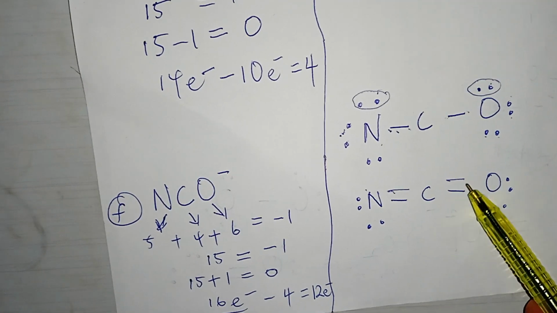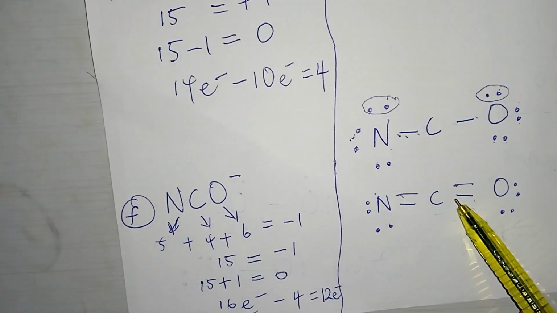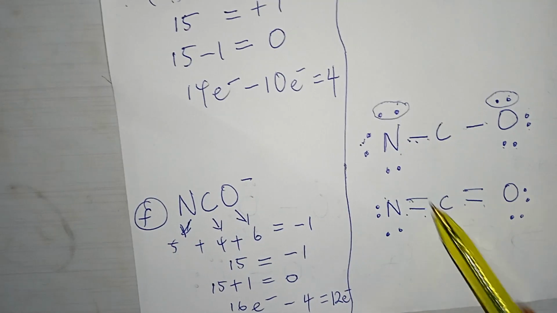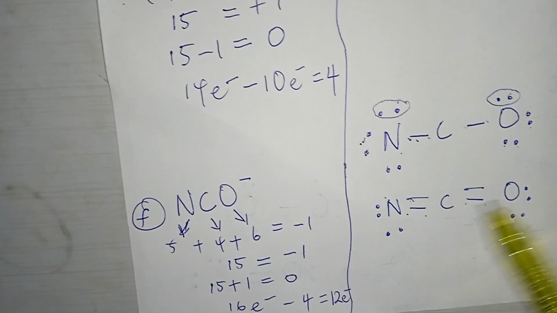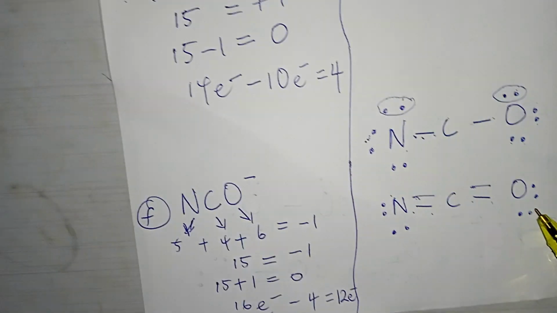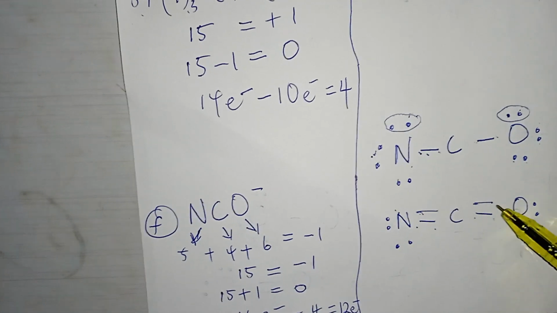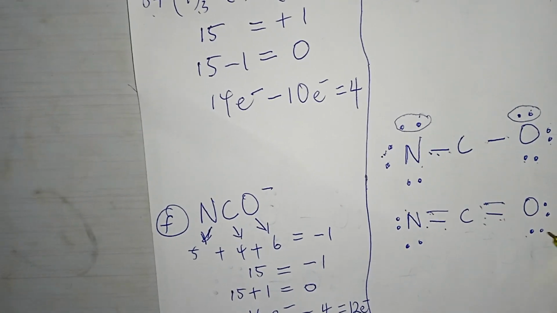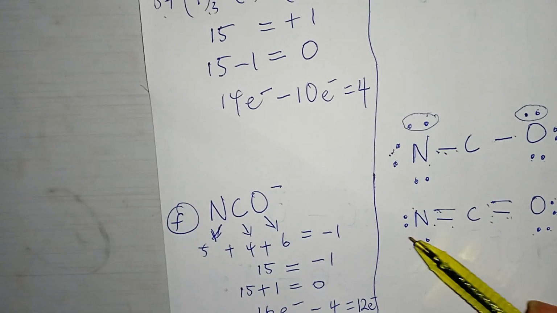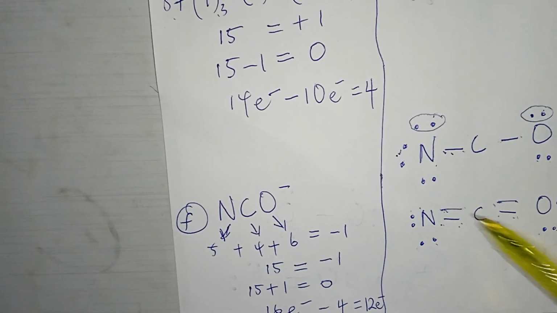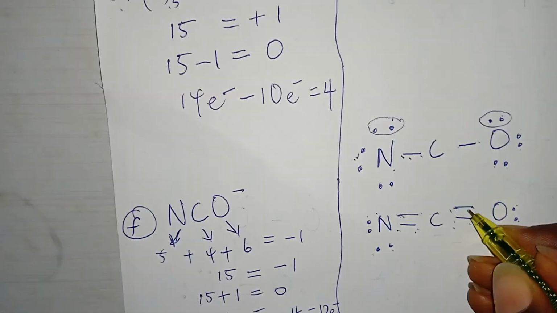Is carbon balanced? I have 1, 2, 3, 4, 5, 6, 7, 8 for carbon. Assuming it did not balance, I'll still carry this, and then carry for this side. So oxygen is now 1, 2, 3, 4, 5, 6, 7, 8. So it's balanced.